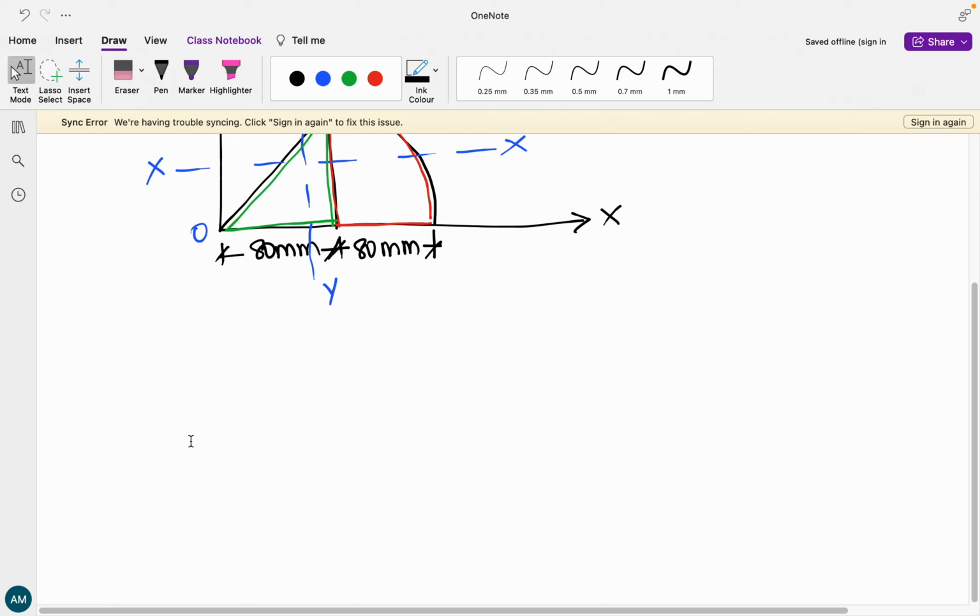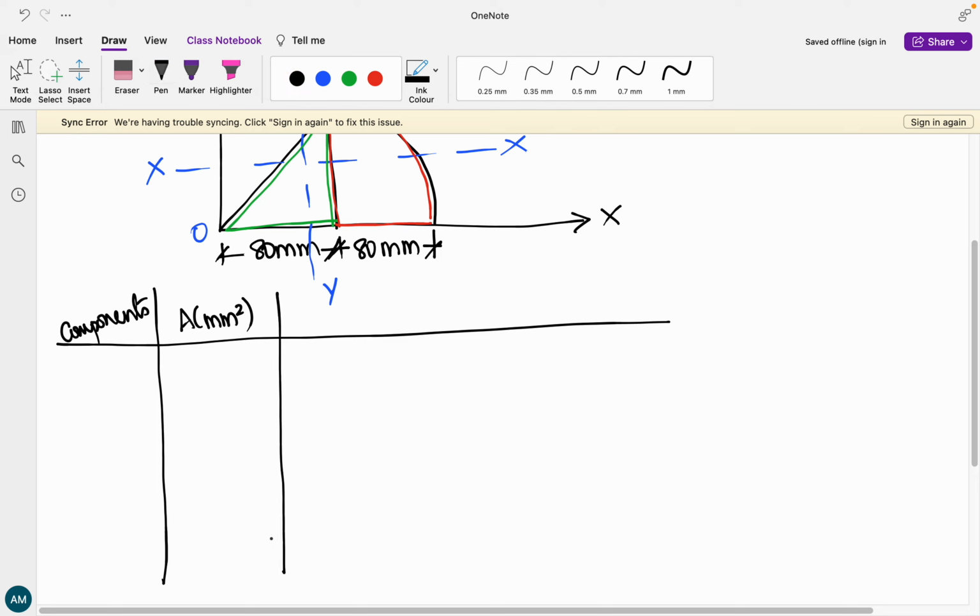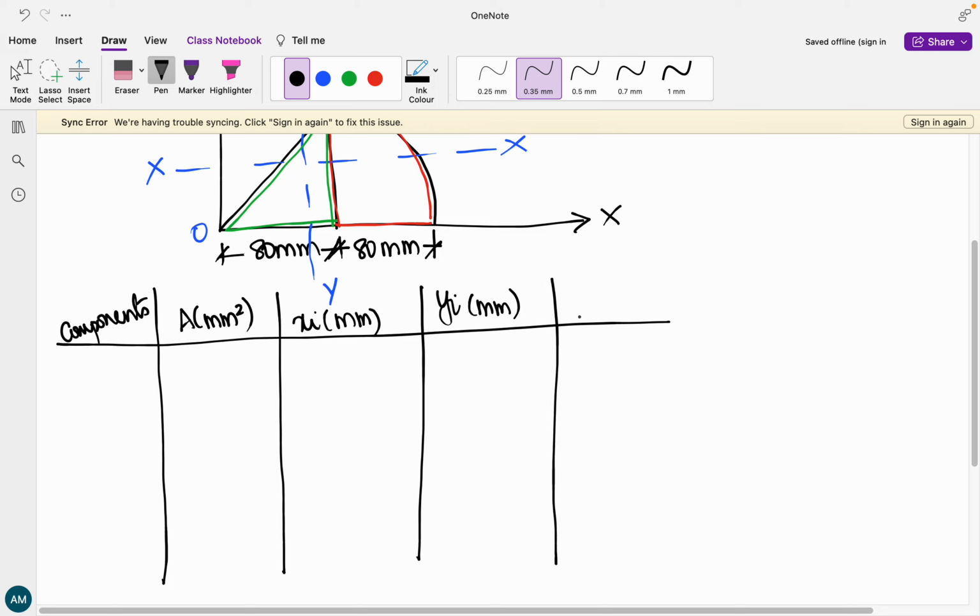Next, let us draw the table. We have components as the first column, area as the second column, x into I in the third column, y into I in the fourth column, A into x cube, followed by A into y cube.